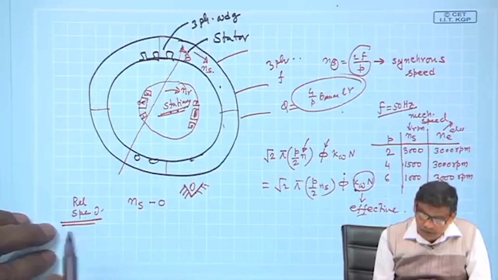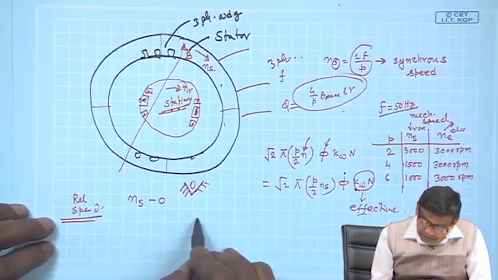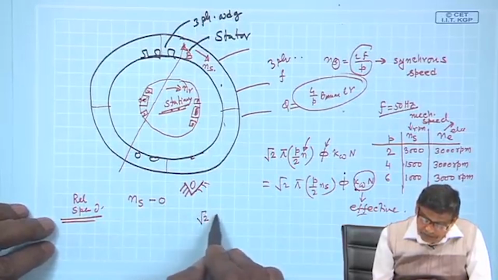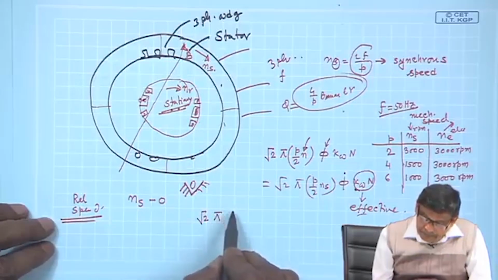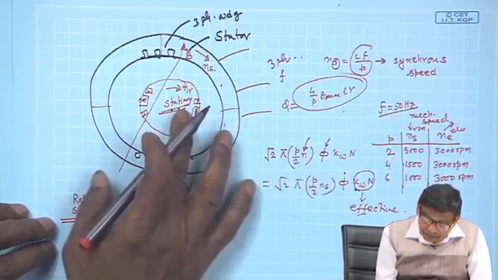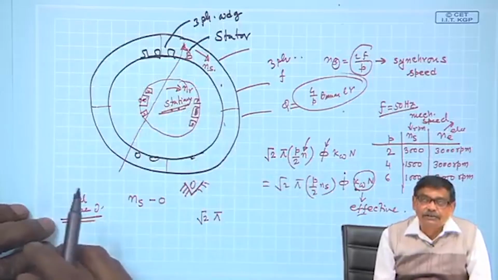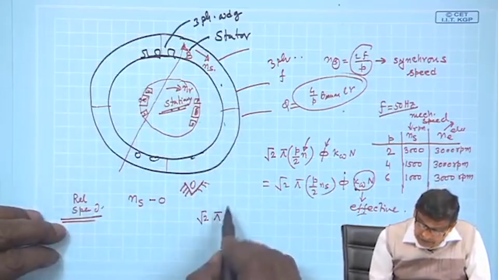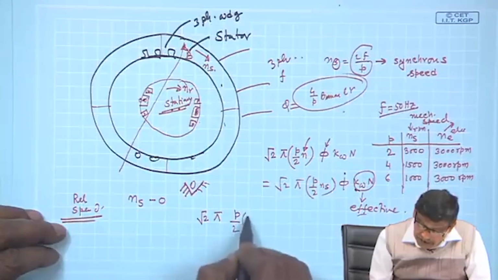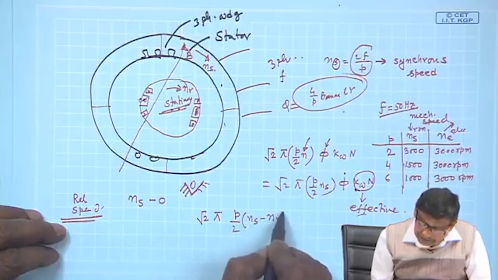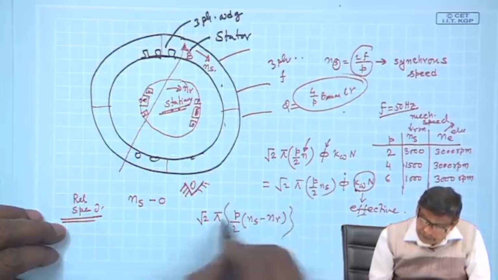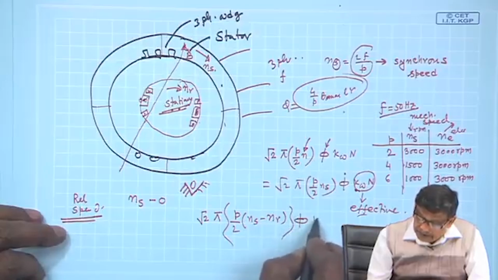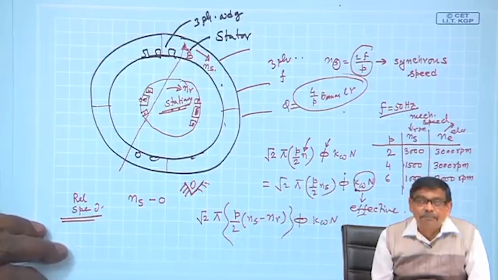Then what he should write, root 2 pi, and what will cause this voltage is the relative speed. If they are moving in the same direction, it should be p by 2 n s minus n r, this term, flux per pole kw into N.